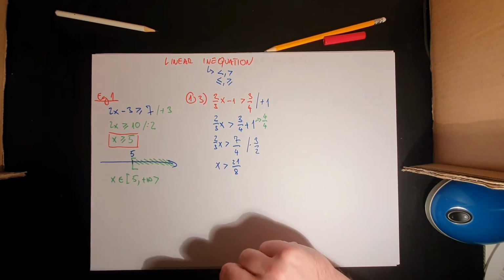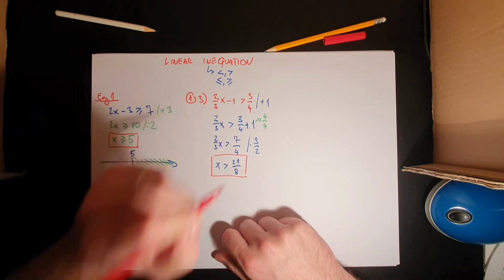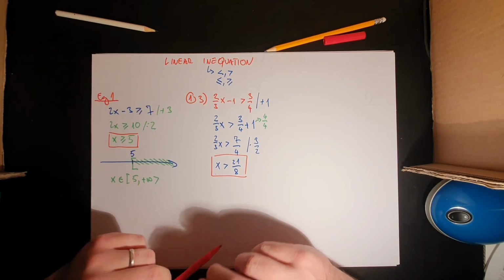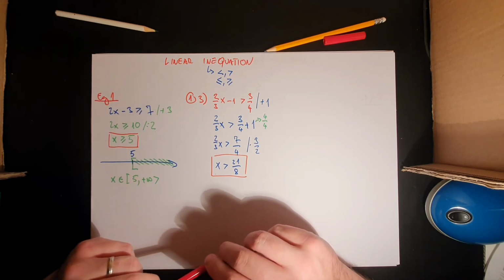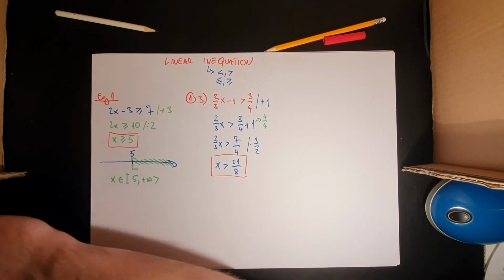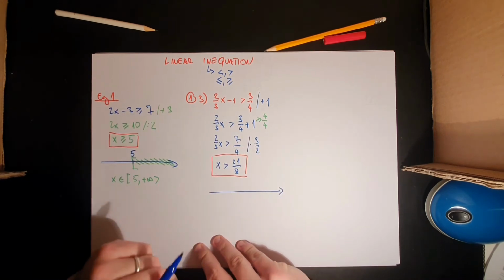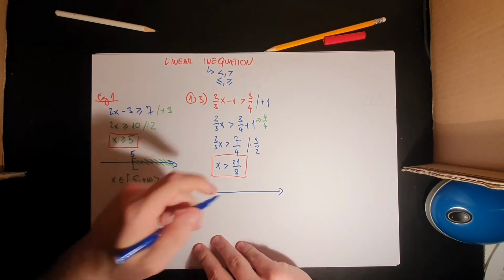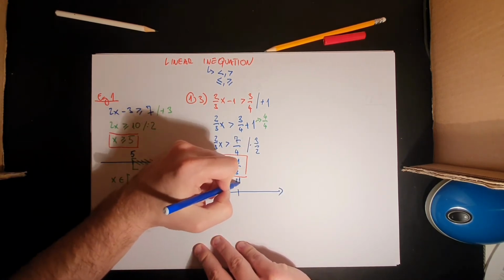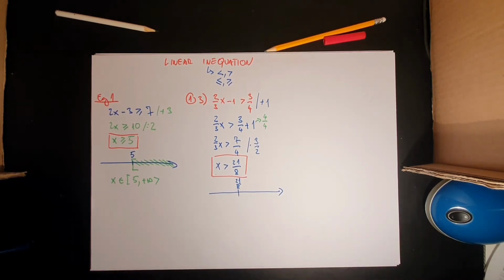Again, for the state exams, sometimes you can write this down, but if we want to be mathematically correct, we always want to write down x as a part of an interval or a set. So on the number line, the only number that we have to look at here is 21 over 8. All these numbers, or the unknowns, or the x's, however we want to call them, are greater.